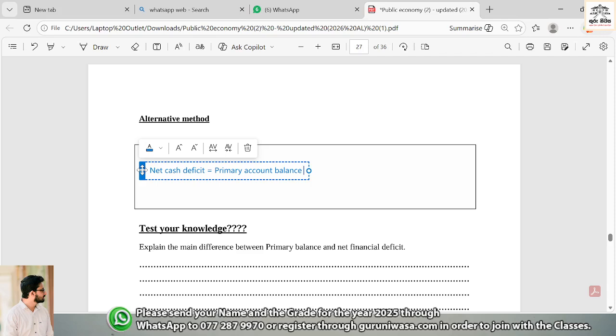What is the additional component you need?